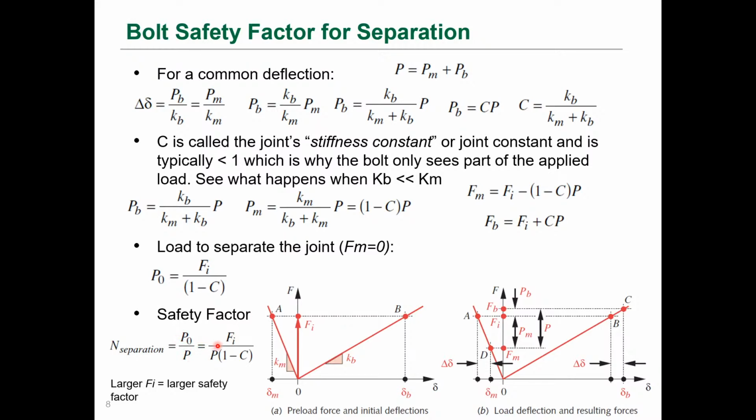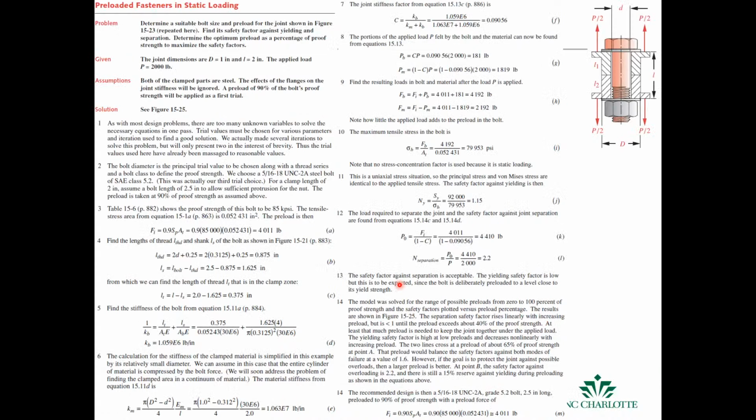We can express that as the preload over the applied load P times 1 minus the stiffness factor. So the larger the preload, the larger the safety factor for pullout, which makes sense. This is just that same chart that we showed earlier. We're going to skip the examples today, but they're in your notes. This just shows you how to go through the mechanics of those equations.